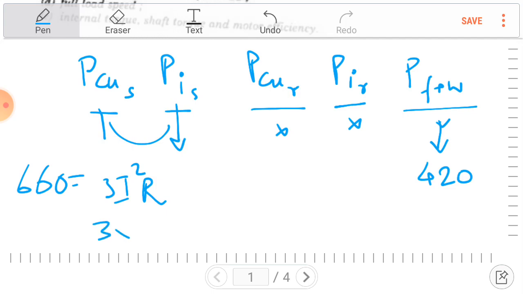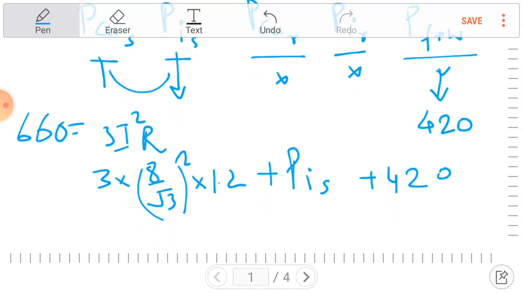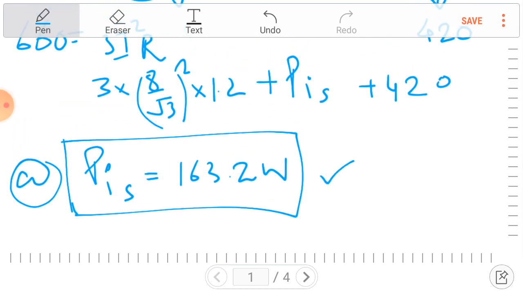So 3 multiplied by (8 by root 3) whole square into R, which is given as 1.2 ohm. So stator copper loss plus Pi at stator plus 420 is equal to 660 watt. Option A is asking stator core loss, so the answer will come to 163.2 watt.